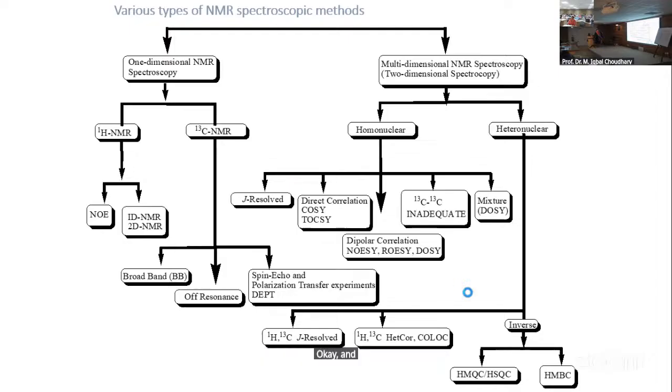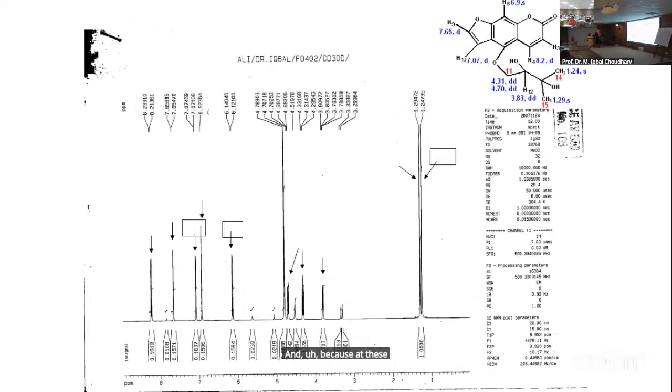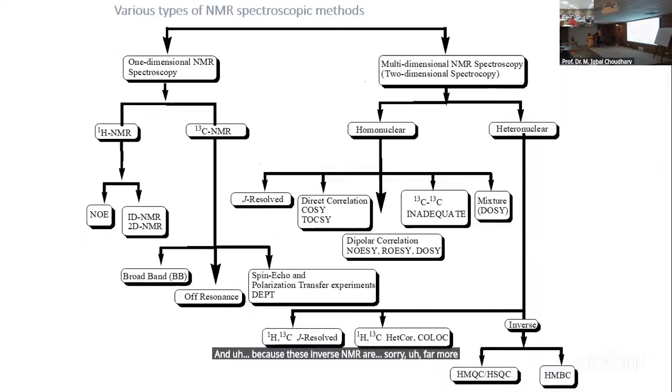And then heteronuclear, you have inverse NMR like HSQC, HMBC, HMQC, and you have COLOC, HETCOR, and these are old time, meaning no one is using them nowadays, but the experiments are there, so you can definitely record them. Because these inverse NMR experiments are far more sensitive as compared to COLOC and HETCOR.